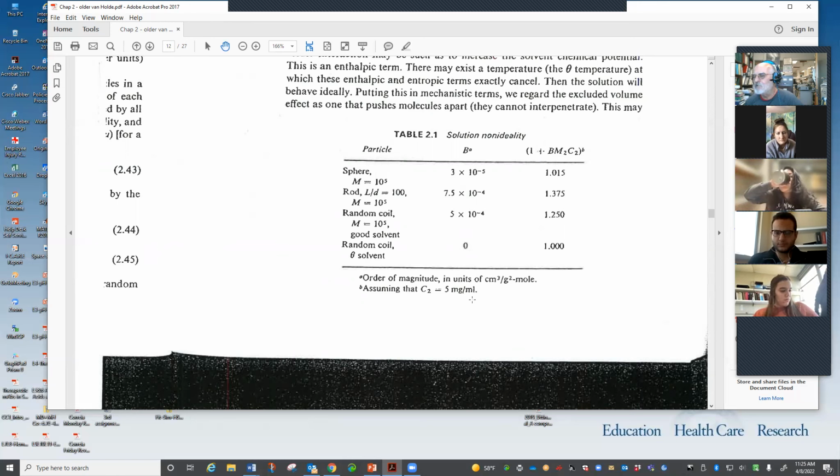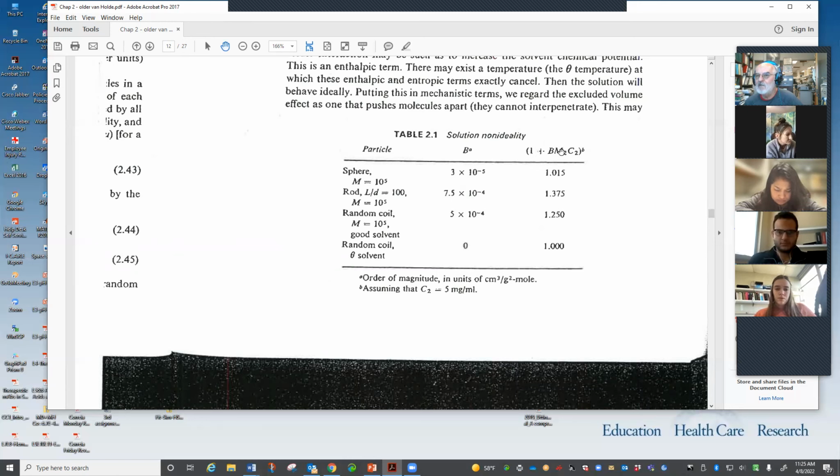The question down below is changing the concentration. I think it says 3 mgs per mil down below, because it's concentration dependent, how much it deviates, okay? And so that's what you calculate. The 1 is the ideal, and this ends up being multiplied times the ideal form of this equation.